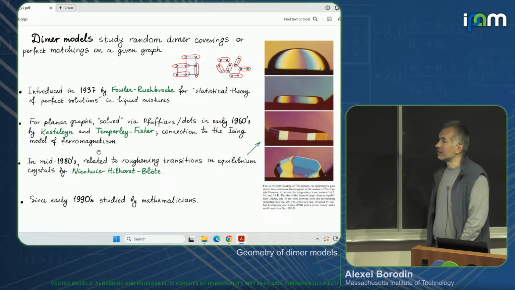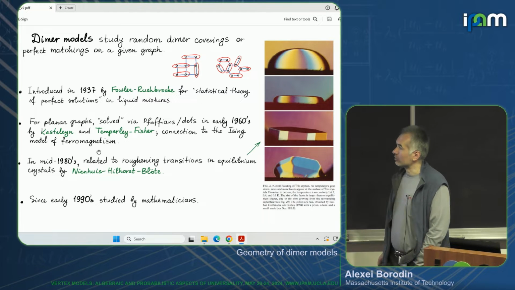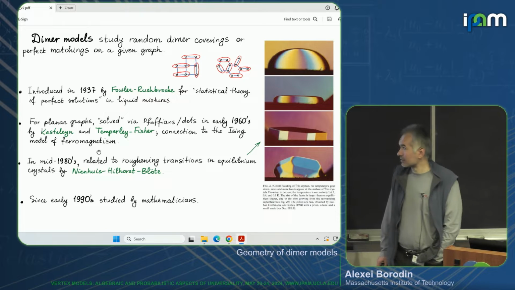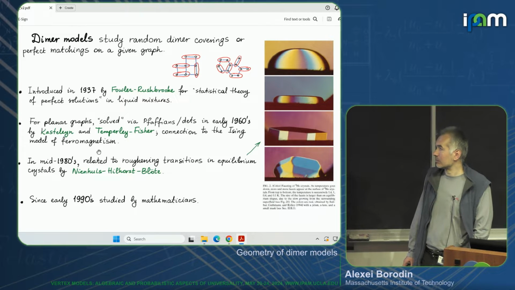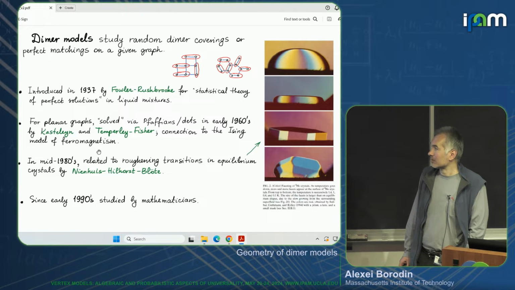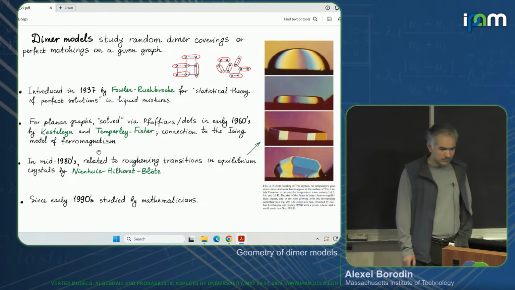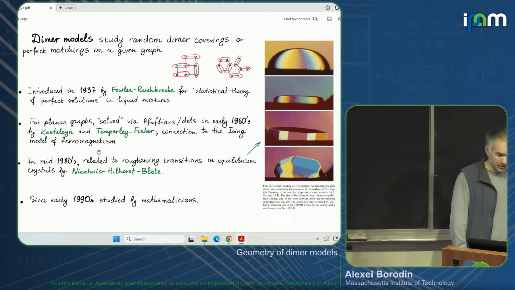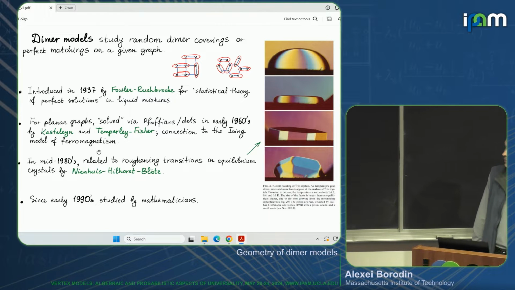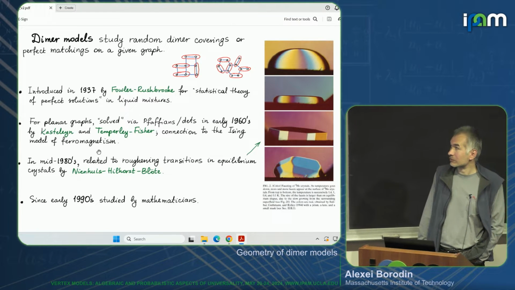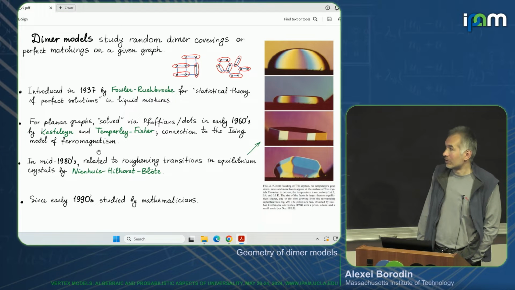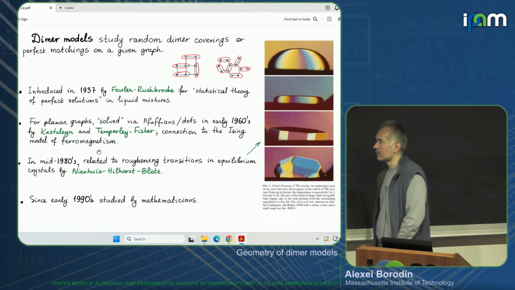The dimer models were extensively studied in the 60s, I think largely because of the connection to the two-dimensional Ising model, but most notably, they were solved in the sense of evaluating partition functions for planar graphs in terms of Pfaffians and determinants.